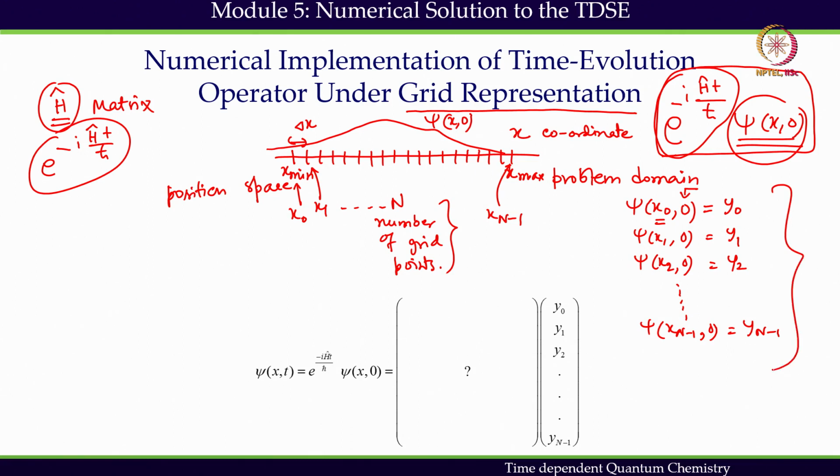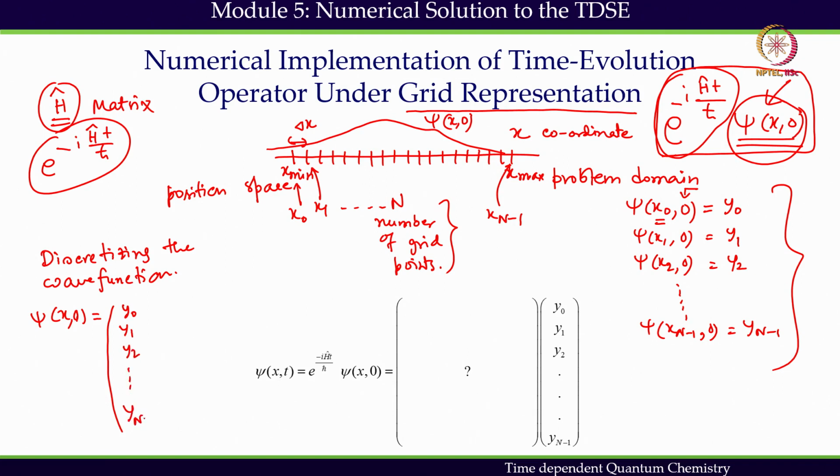So, basically, a wave function which is supposed to be continuous is being discretized on the grid. This discretized wave function can be very conveniently represented as a column matrix, as we have seen. The initial wave function will be represented as a column matrix: y 0, y 1, y 2, up to y n minus 1.